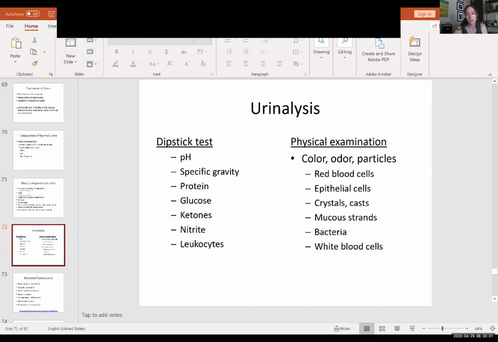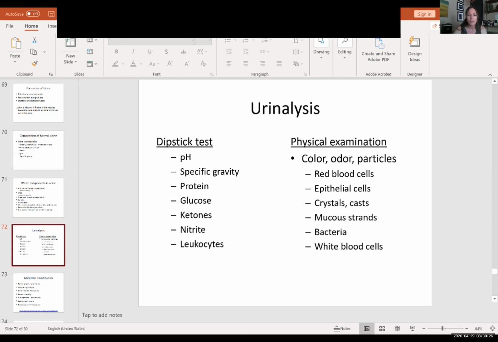Bacteria is maybe not uncommon, but it's probably not something normal or good that people would want in there, or white blood cells, or red blood cells for that matter. You don't want blood in your urine, but mucus, crystals, casts and epithelial cells are totally normal and you would find them in urine, but you can find some of these other components in there as well.